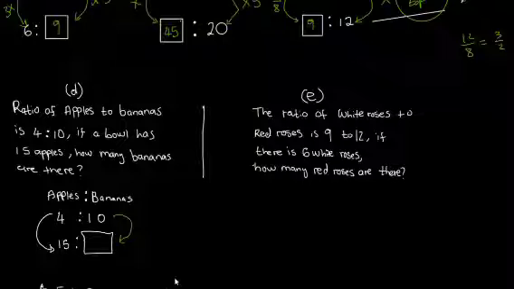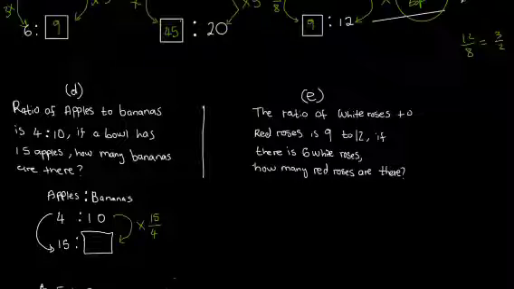Okay, so what you will do, very simple, to get to how many bananas there should be, I will take the given data, which is the data of the apples, and then I will multiply this side. I will take the bottom number, which is 15, put it at the top, and then divide by the number that is at the top. And by multiplying 10 with that number, that will give me my answer.